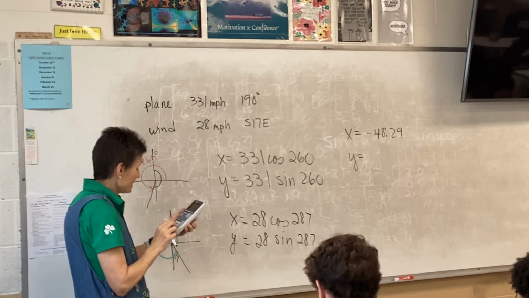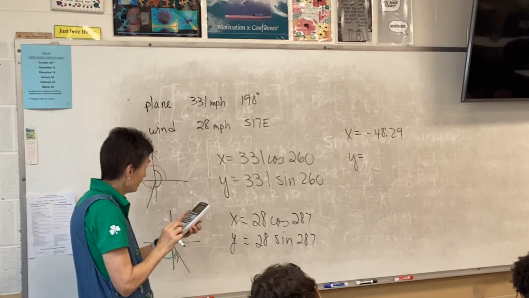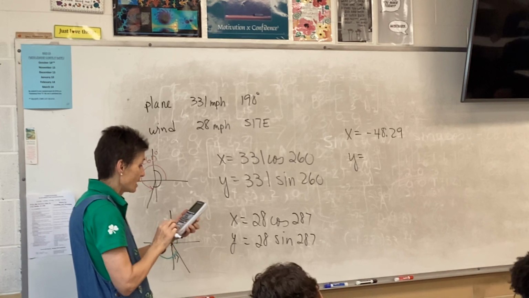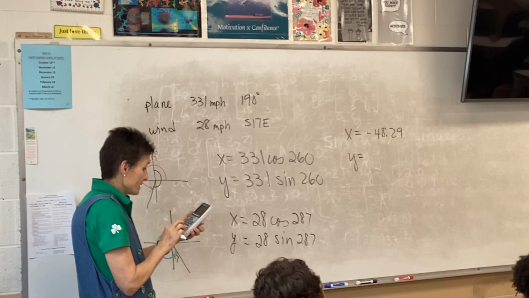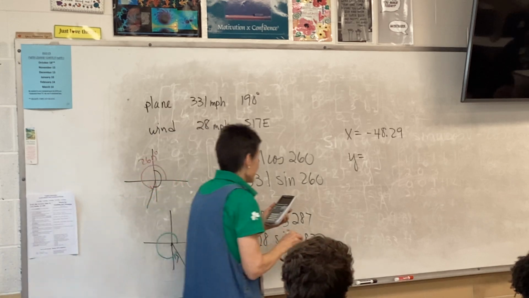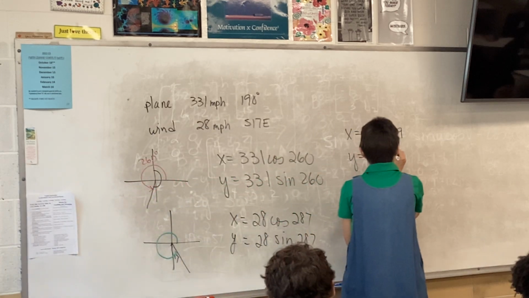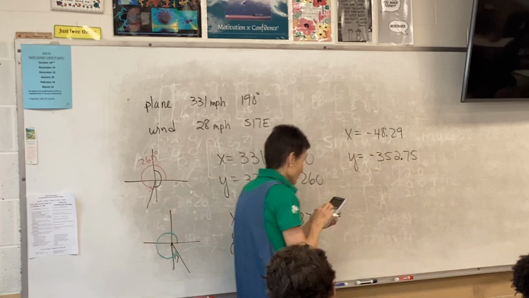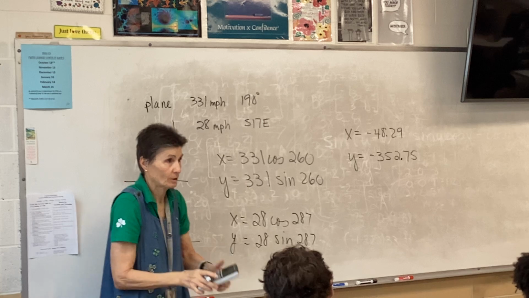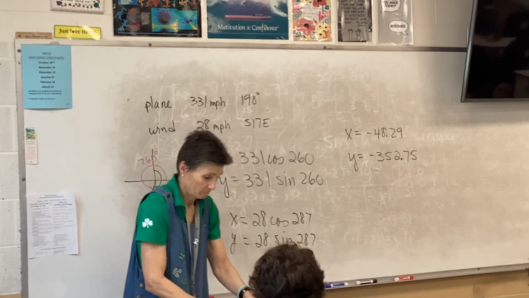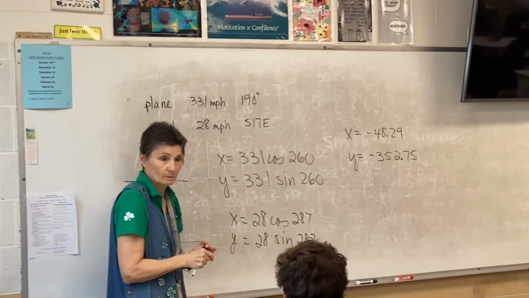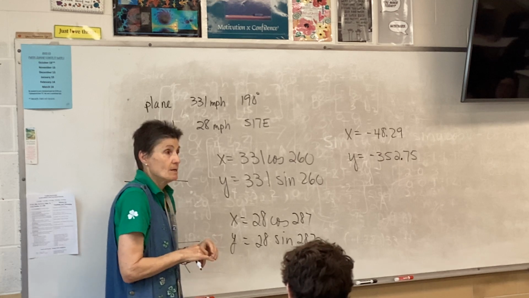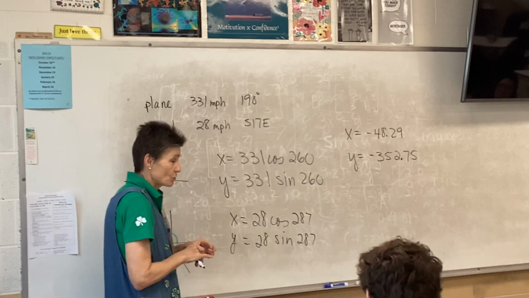Then 331 sine 260 plus 28 sine 287. And I got negative 352.75. How do those coordinates look to you? Does it look okay?